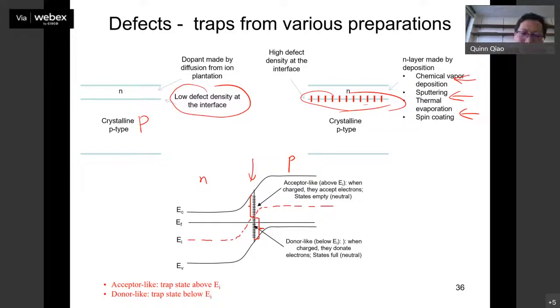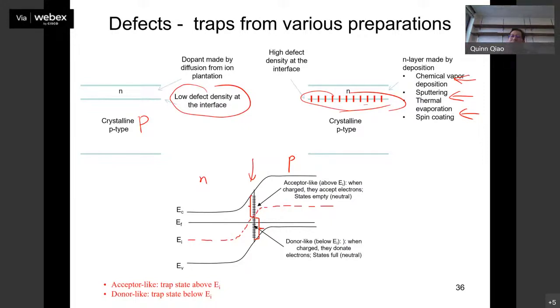Now you see the center here, the halfway, which is EI. Above the halfway, you define that as acceptor-like. What does it mean? Because these states are above EI, under thermal equilibrium, they are also above EF.